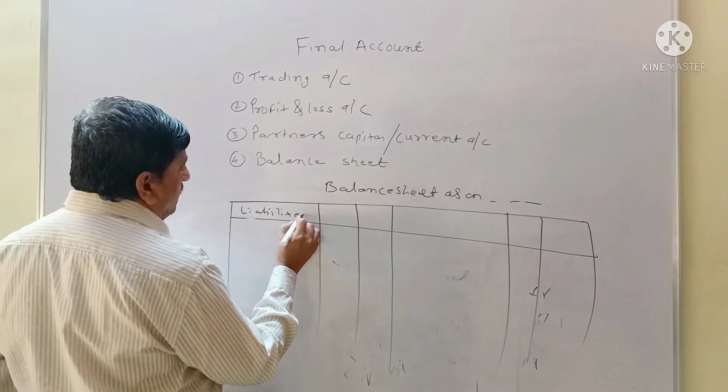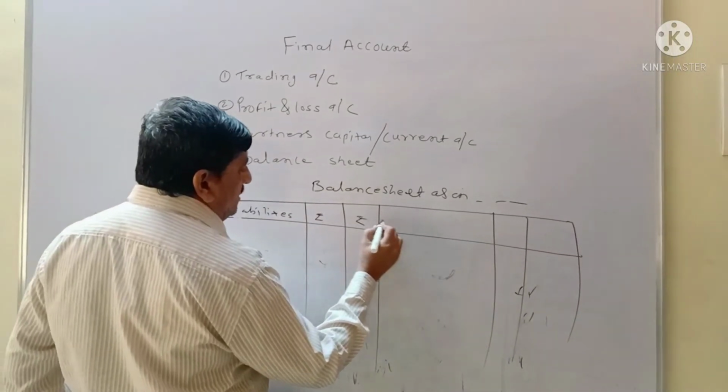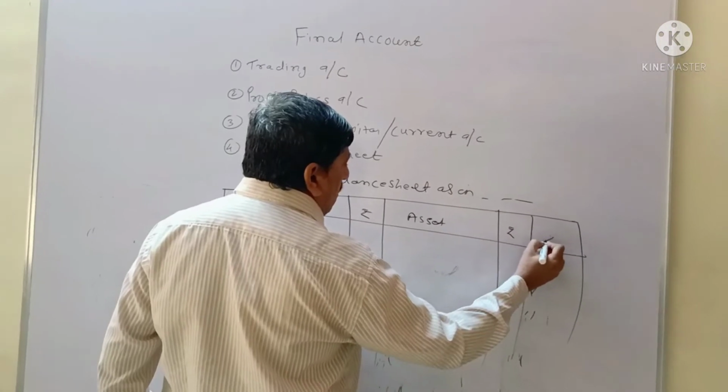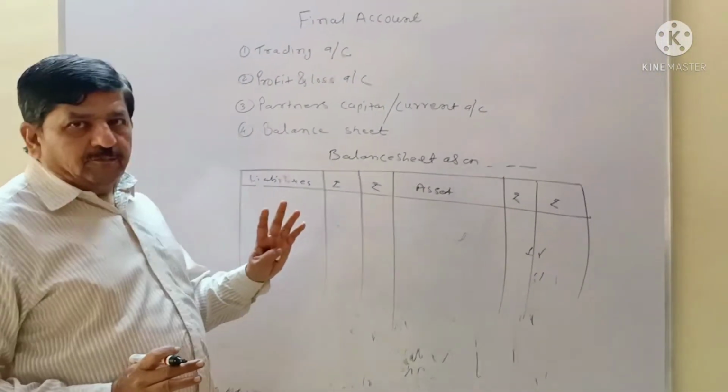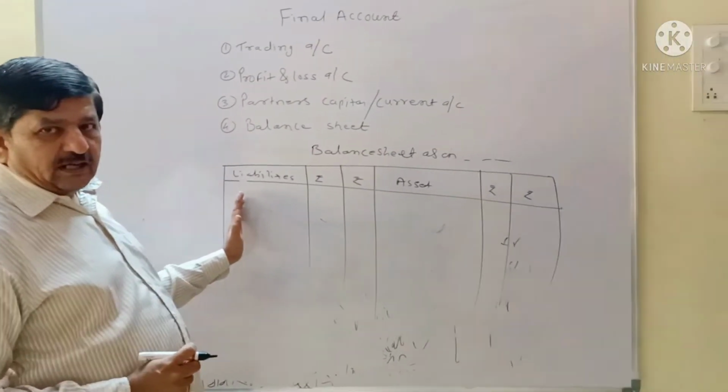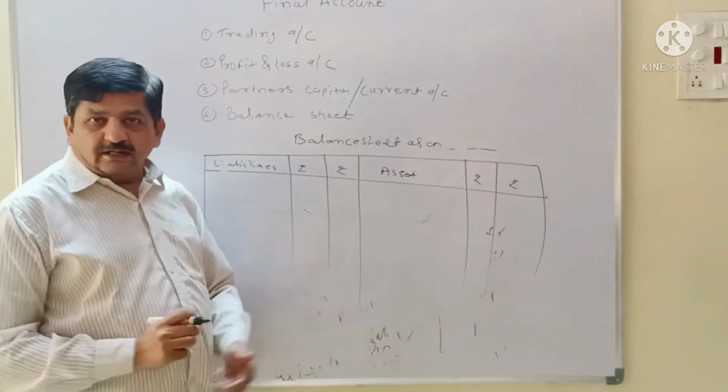Liabilities amount in rupees, assets amount in rupees. A balance sheet has no left debit or credit side, it is a statement. Actually, the left hand side is the credit balance, the right hand side is the debit balance.